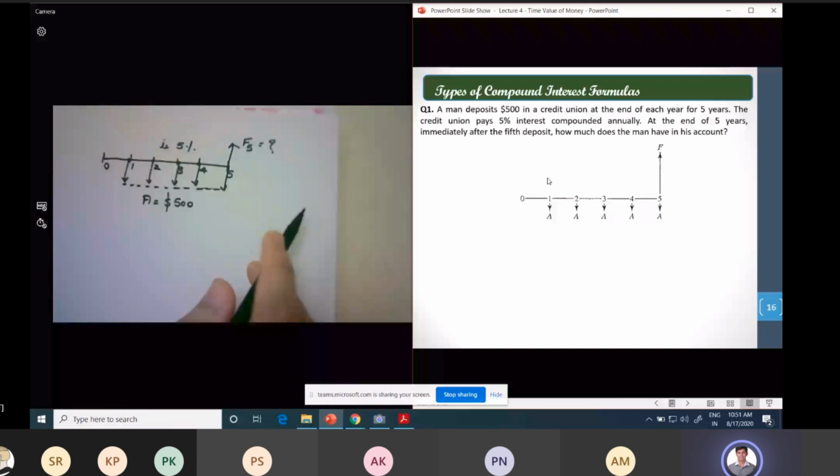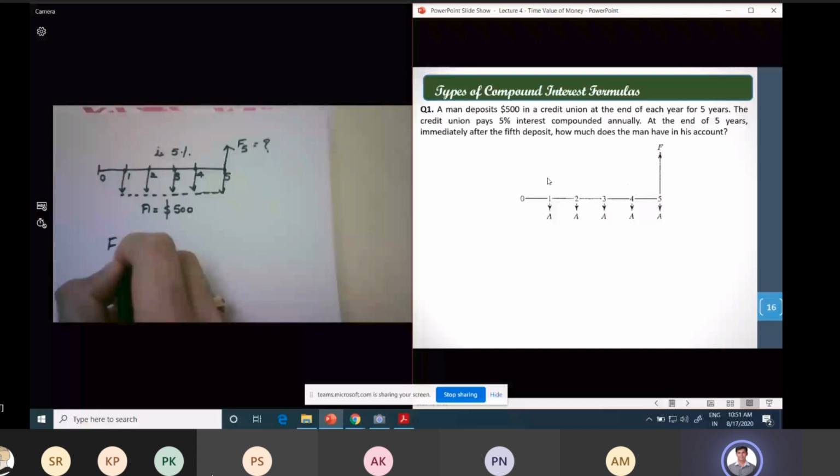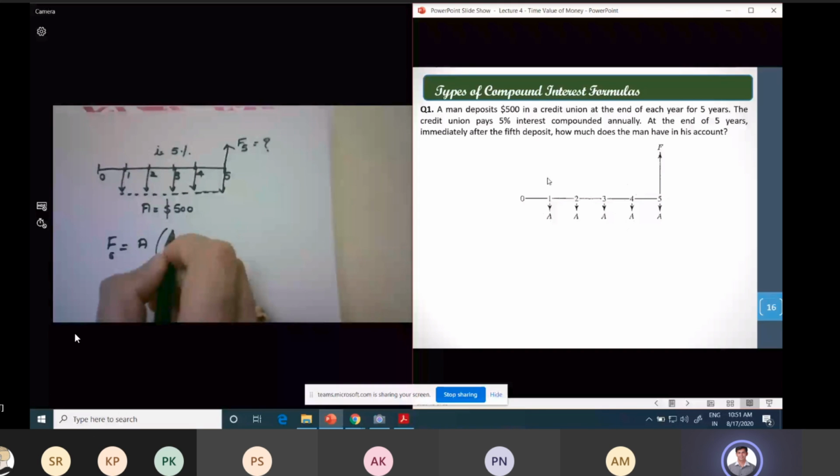So in that case I will be using this equation where I need to calculate F at year 5. A is nothing but the annual deposit, and you can use the symbolic representation also. I'll use the symbolic representation. So it will be F by A, because I need to calculate F, the future value, given the annual amount.